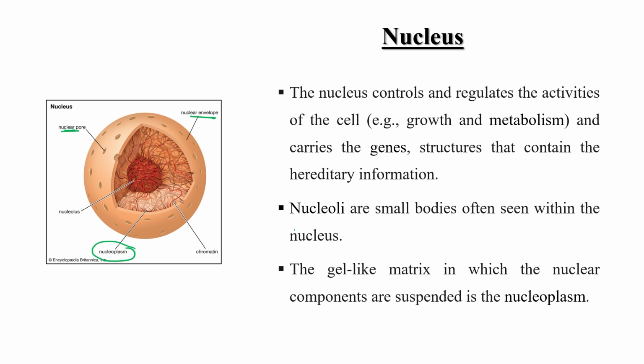Inside the nucleus is all the control and regulation of activity. What is the role of the nucleus? It controls different kinds of activities, growth parameters, and all the metabolic activity, because the nucleus contains chromosomes and chromosomes contain genes, and these genes contain all the genetic information.